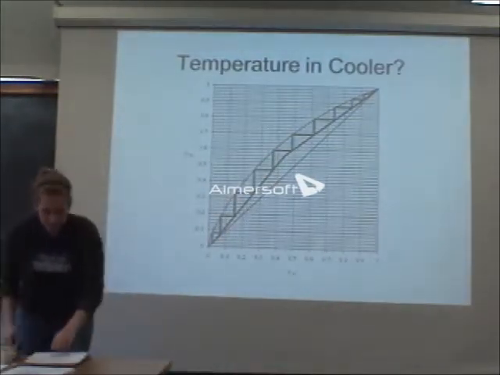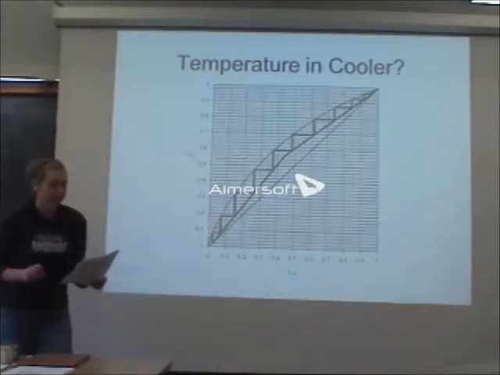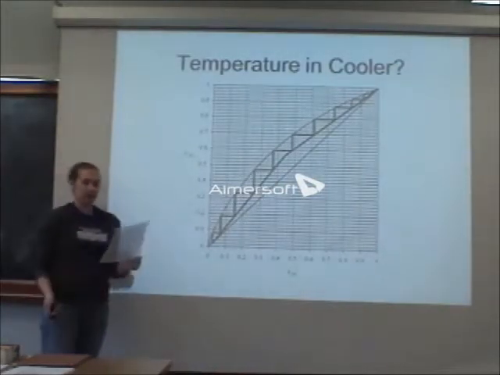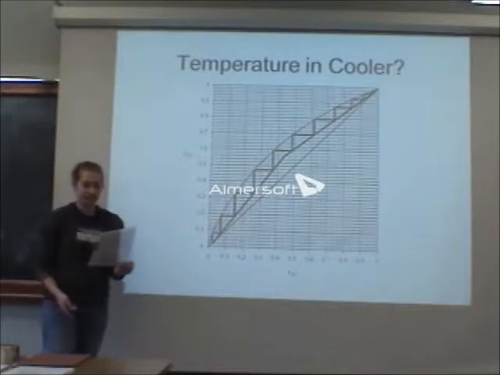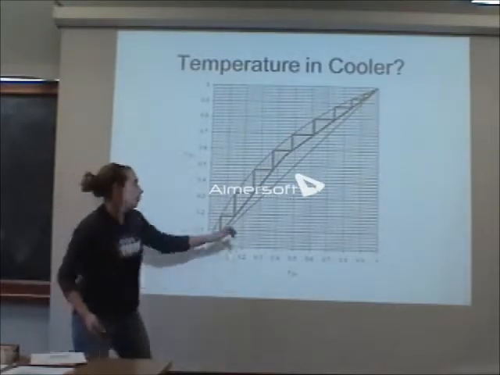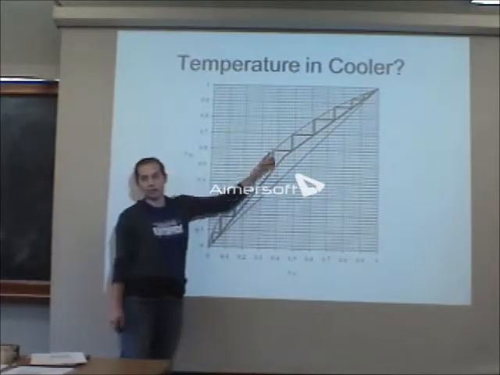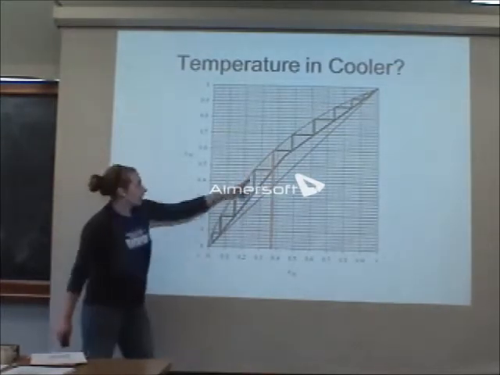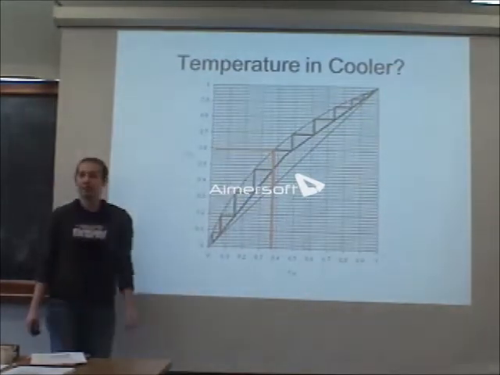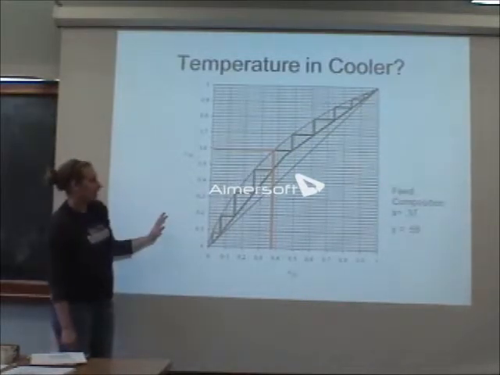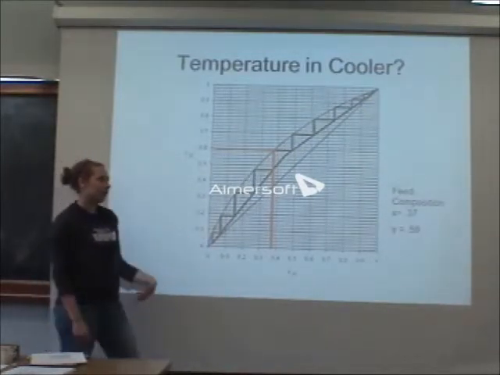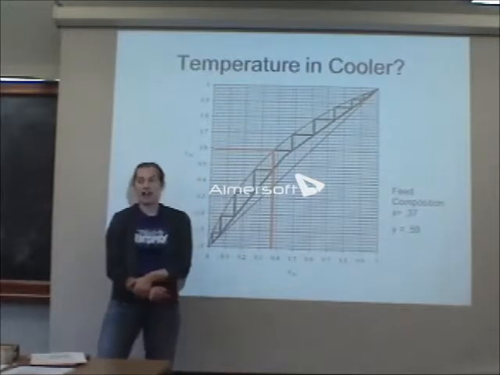Right. So it specifies here that the feed enters as a liquid vapor mixture with the same composition as the feed stage. So the composition of my feed stage is the composition on the equilibrium line. So right here is where my compositions are. I can just read those off, and I get my feed composition of 0.37 and 0.59.